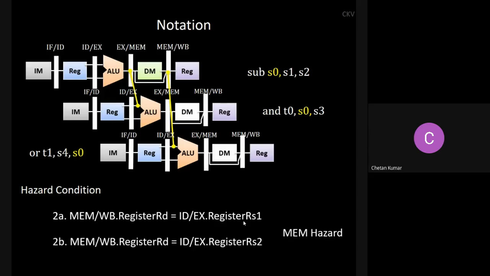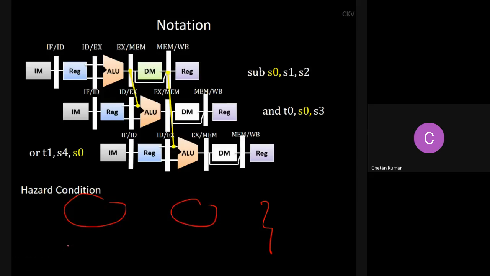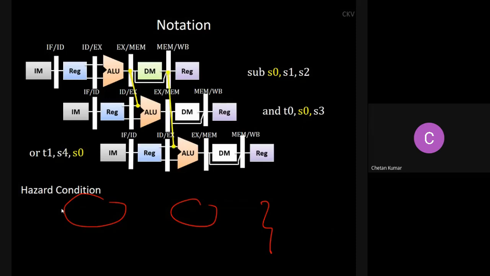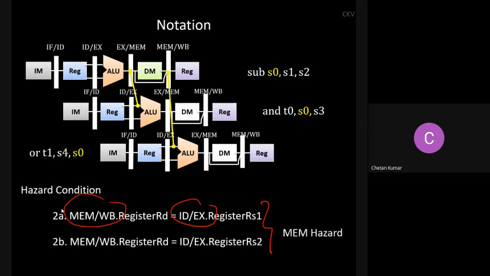If you don't understand anything up to this point in today's lecture, it is fine, but please pay attention in the next slides and try to visualize how exactly the data moves from one stage to another. Then only will you understand how we came up with these conditions for detecting the hazard. Why did I choose ID/EX? Why did I choose MEM/WB? And similarly, in the other hazard condition, why did I choose EX/MEM? Why not any other pipeline register? All of that you'll be able to understand if you focus on the next part of this lecture.